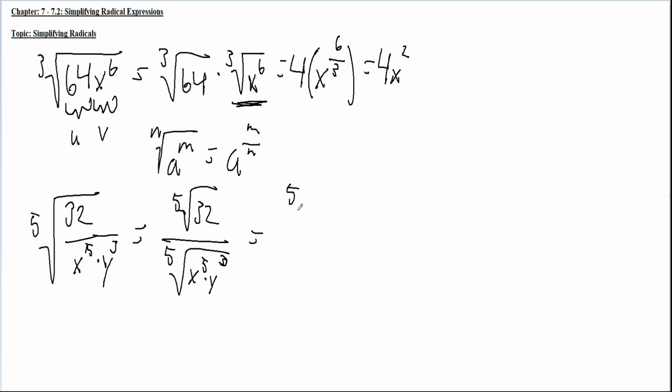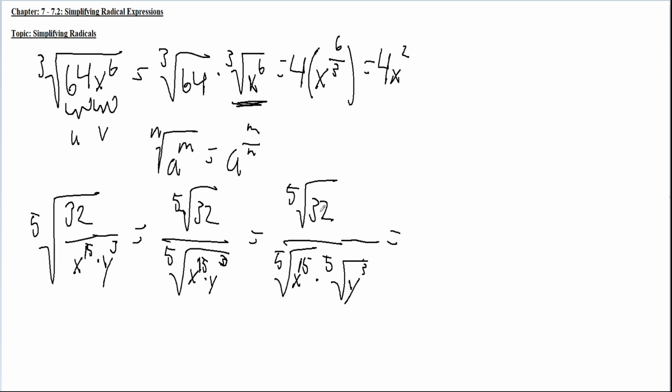So I still have in my numerator the 5th root of 32, and then in my denominator the 5th root of x to the 15th times the 5th root of y cubed. Okay.